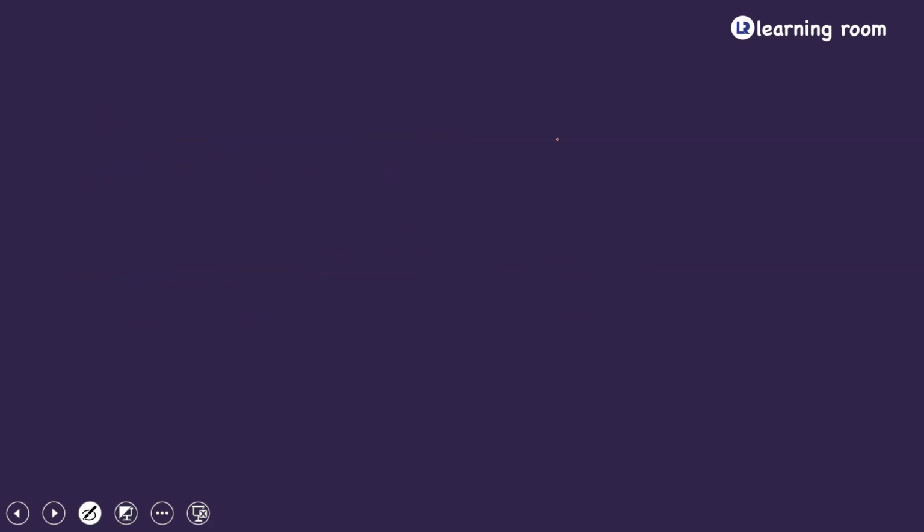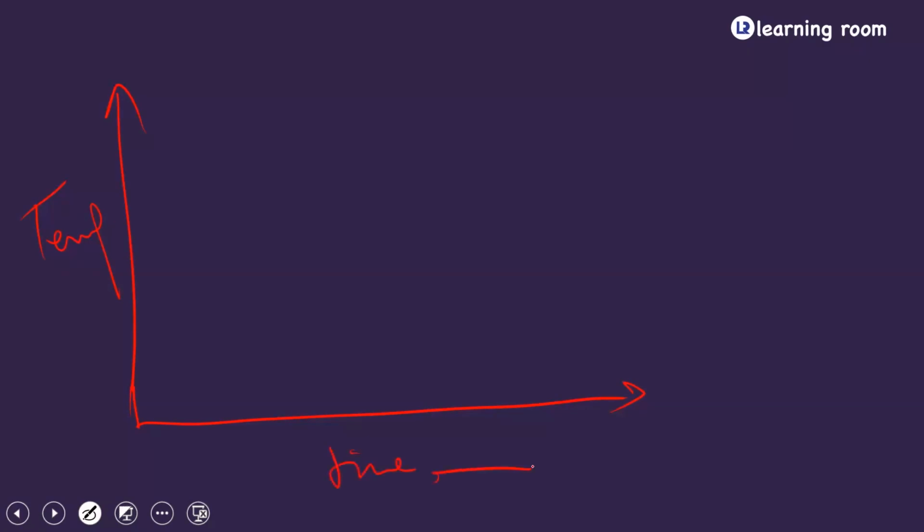So now we'll talk about something called the heating curve, which is very simple. Heating curve is nothing but on one axis we have the temperature, on the other axis we have the time. First I take some solid and I keep heating it till time T1.